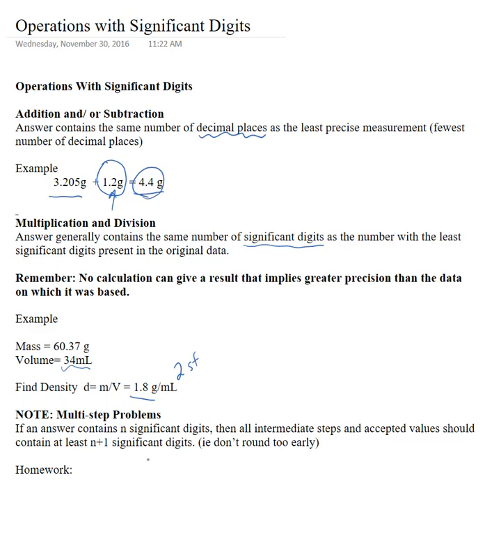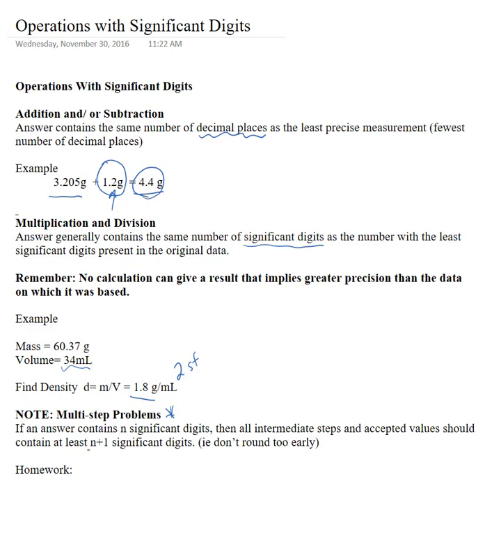Now, one note, and this is important because oftentimes when we're doing calculations in science, we don't just have a one-step problem. We don't just do one calculation. We often will take one value and carry it forward to other calculations. When you're doing that, the best thing to do is to just keep all the numbers in your calculator if you can.